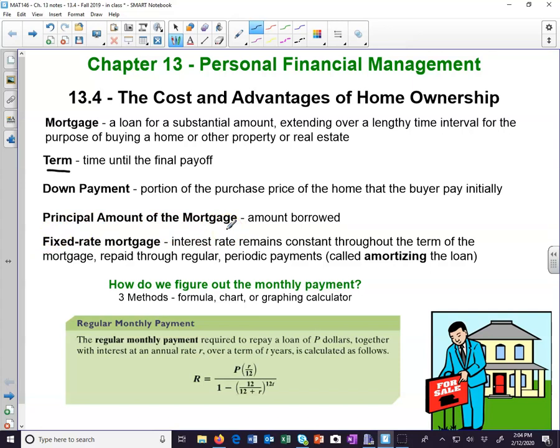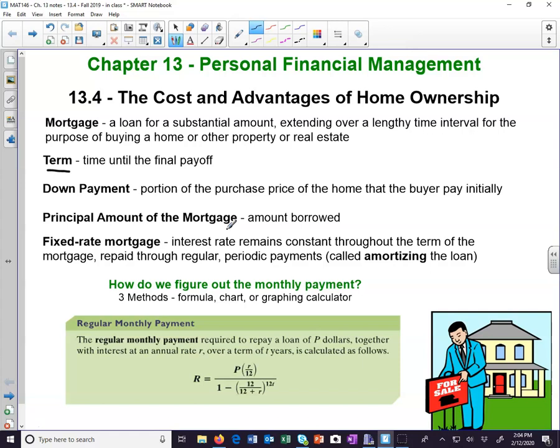Then we're going to be talking about fixed rate mortgages. Fixed rate, kind of how it sounds, the rate stays the same for the entire 20 or 30 years that you're paying it off. There is something also called an adjustable rate mortgage, and if you were looking at it in a bank, it would be called an ARM.